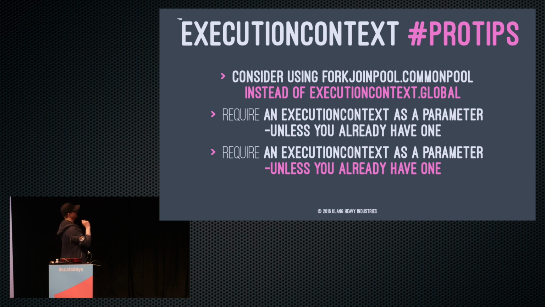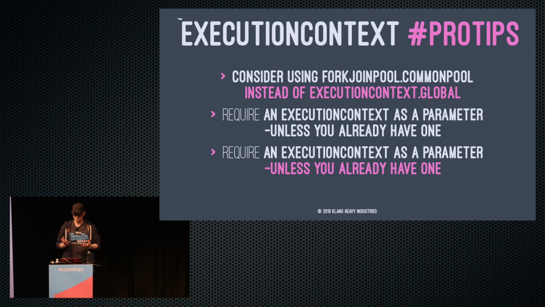One mistake that I very regularly see is that you create your own execution context rather than requiring it from your caller. Really require it from your caller. Because if you write your program quote-unquote correctly, the only place in your code where you will have to specify an execution context is when you actually start your program, because that will then be passed down to all the places where it's needed.